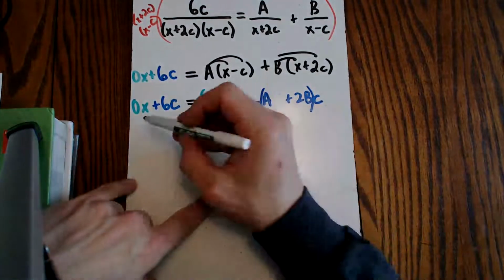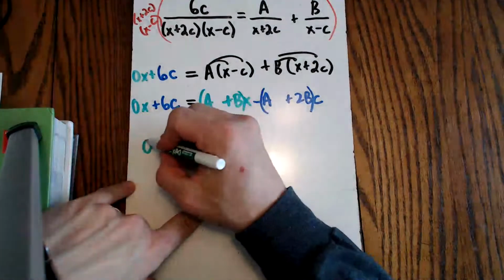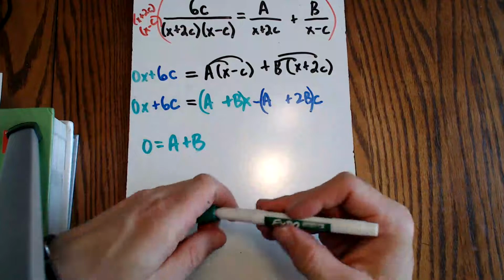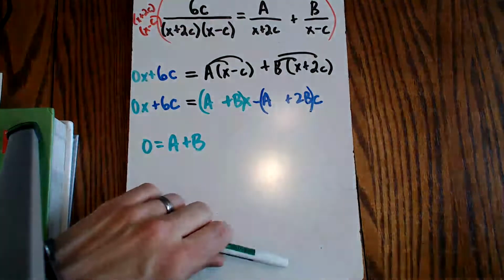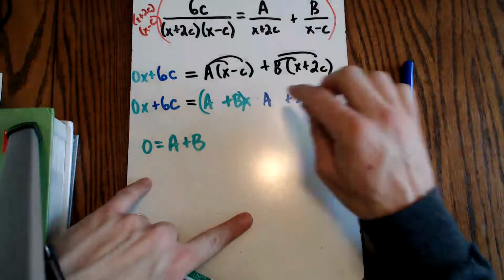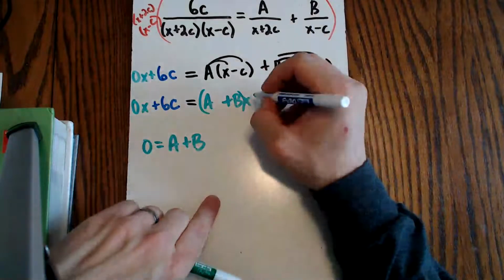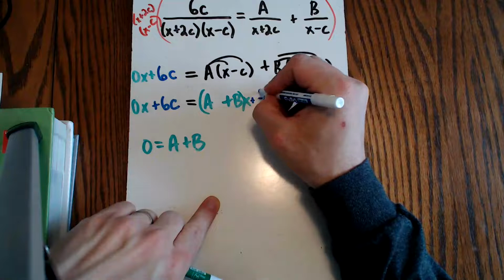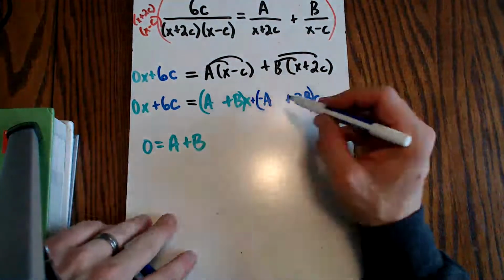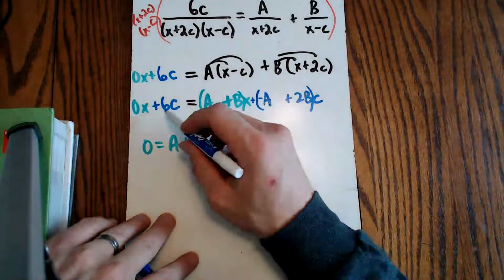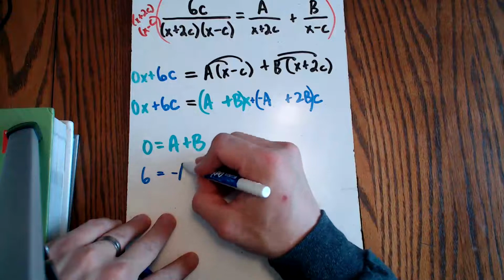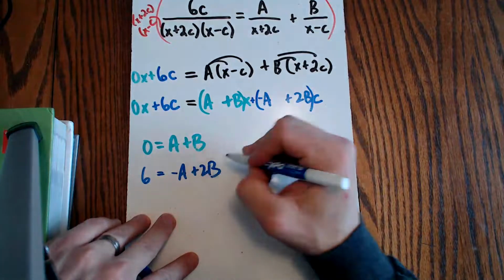So I know that the coefficients of x on the left and right side have to be the same. So 0 has to equal a plus b. And then I know that, let's see, that minus sign, I'm sorry, that was kind of bad math I did there. So there's a plus sign, and that negative stays with the a. All right, that's better. And now I've got that negative a. The coefficient of c on the left side, 6, has to equal negative a plus 2b.